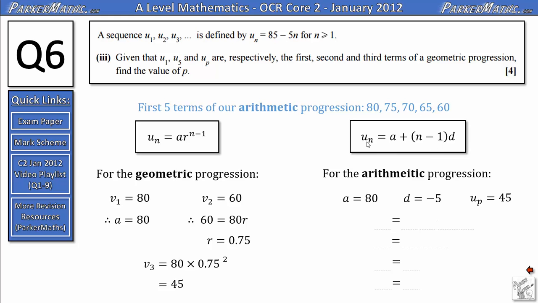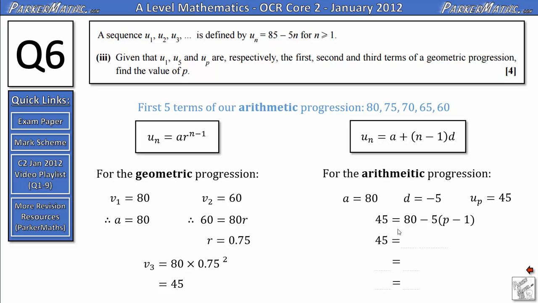So in this case, the nth term is a plus n minus 1 d. If we apply this formula to the pth term, we know Up is 45, we know a is 80, n in this case is going to become p, so we get p minus 1, and d is minus 5, so we get minus 5 lots of p minus 1.